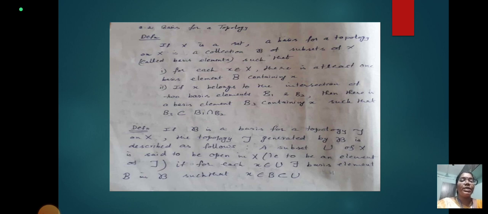If script B satisfies these two conditions, then we say that script B is a basis for a topology on capital X.